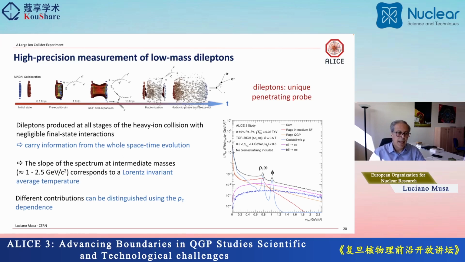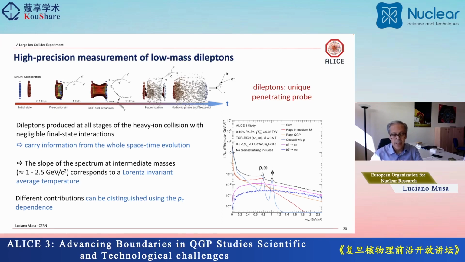The temperature of the QGP can be accessed by measuring the yield of thermal dielectrons that are emitted by the plasma and escape the collision zone essentially unaffected, and so they deliver information on the QGP conditions at early times and throughout the evolution of the system.